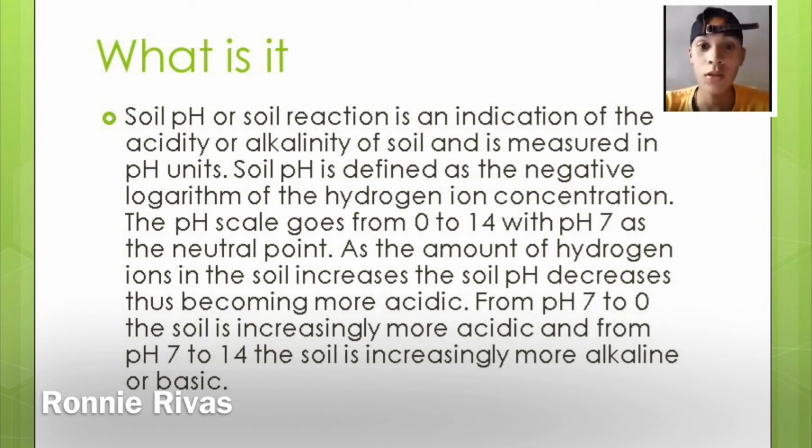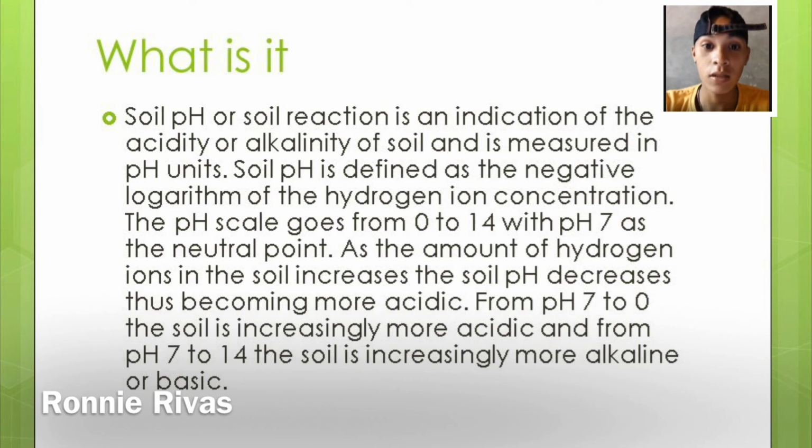Soil pH is an indication of the acidity or alkalinity of soil. It is measured in pH units. Soil pH is defined as the negative logarithm of the hydrogen ion concentration. The pH scale goes from 0 to 14, with pH 7 as the neutral point.